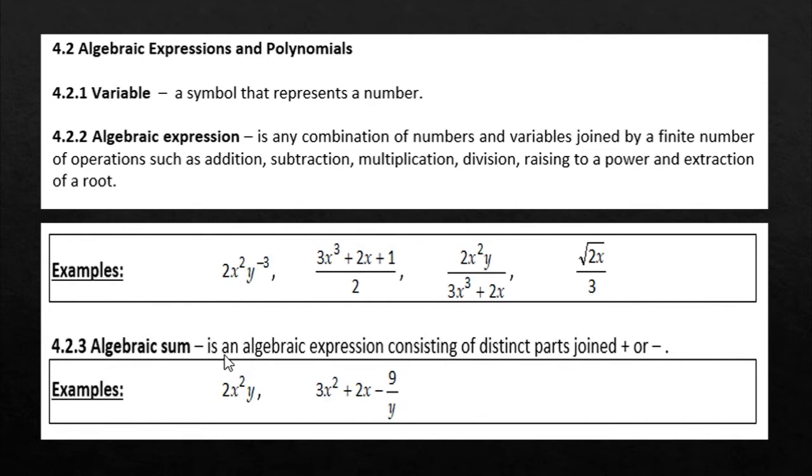Algebraic sum is an algebraic expression consisting of distinct parts joined by plus or minus. So, here are examples of algebraic sum. These are joined by plus and minus. This one is an algebraic expression, and this one is the algebraic sum.